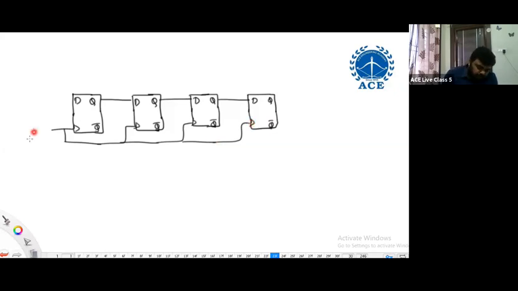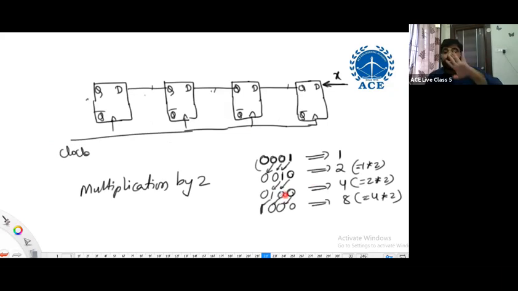At every clock cycle, we were saying what the 4-bit information is. At every clock cycle, you are writing 4-bit information.